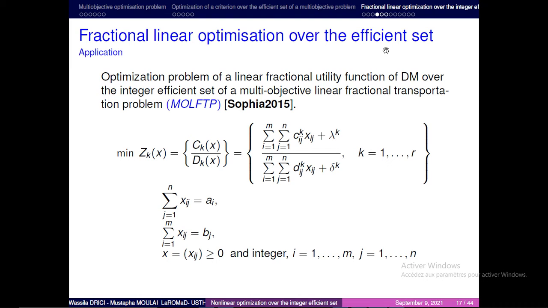Then the mathematical model of MOLFTP can be formulated as follows: minimize R functions Zk, k ranging from 1 to R, written as a double sum of Cij Xij plus lambda k, divided by a double sum of Dij Xij plus gamma k, under constraints: sum of Xij, j ranging from 1 to n, equal to Ai, and sum of Xij, i ranging from 1 to m, equal to Bj, and Xij are integer variables.